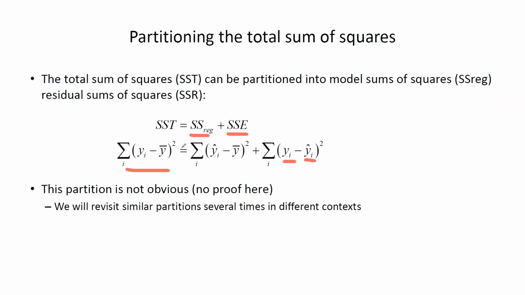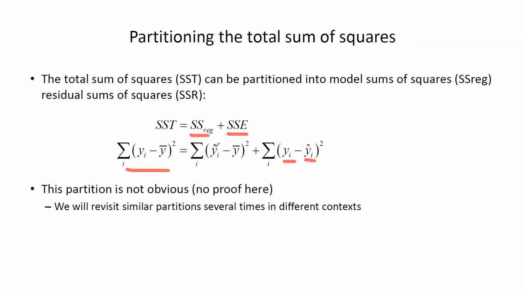And then what is left over is what the regression model is able to explain, the sums of squares the regression model can explain. So here we had the difference of yi minus y bar squared. Here we had the error squared.